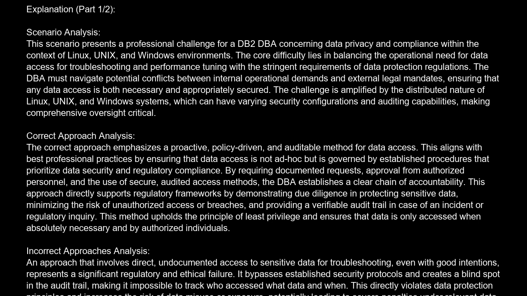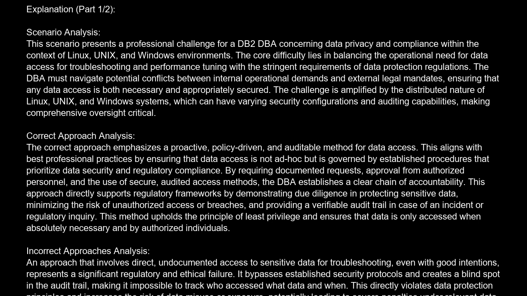Explanation. Scenario analysis. This scenario presents a professional challenge for a DB2 DBA concerning data privacy and compliance within the context of Linux, UNIX, and Windows environments. The core difficulty lies in balancing the operational need for data access for troubleshooting and performance tuning with the stringent requirements of data protection regulations.